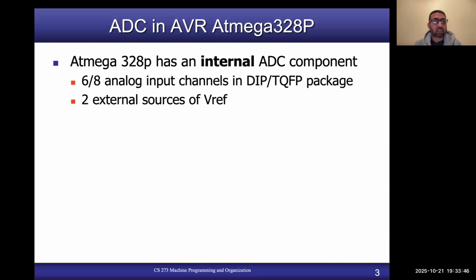So ATmega offers 2 external sources, which means it gives you the option. One of those external VREF is connected with the power supply, which is 5 volt. But if you don't want to use 5 volt, then there is another pin which you can use as a VREF. It is known as AREF. So you can connect another voltage source as an upper limit.